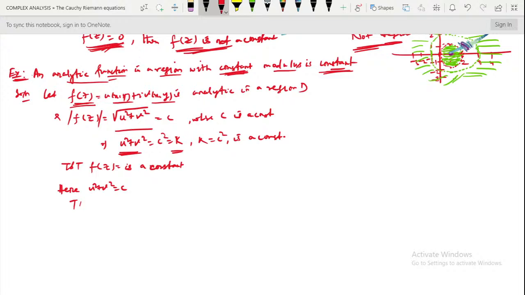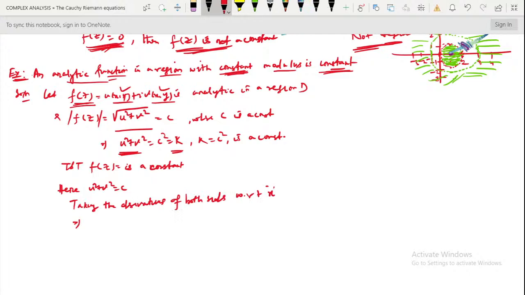If I take the derivative of both sides, we get 2u ux, then the derivative of v squared is 2v vx, and the derivative of the constant is 0. After dividing by 2 on both sides, u ux plus v vx equals 0.